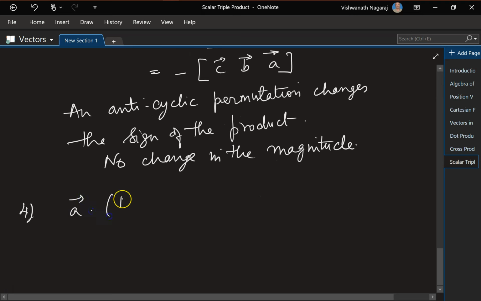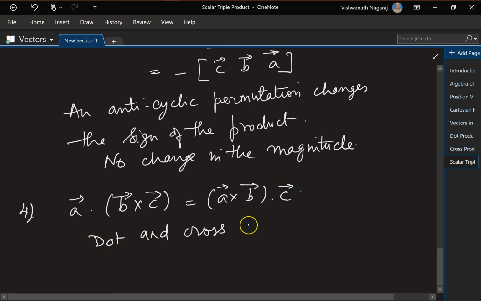A dot B cross C is equal to A cross B dot C. That means you can exchange the dot and cross; they are interchangeable.